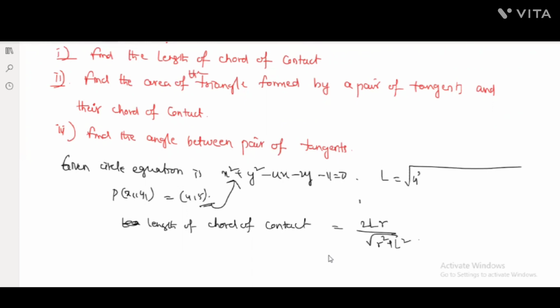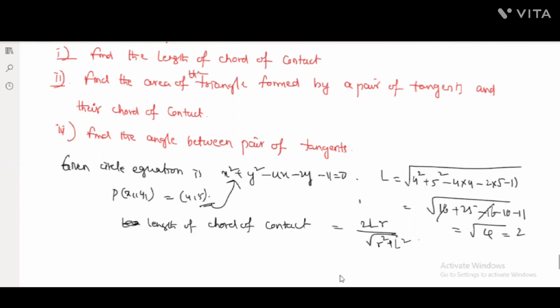That means 4 square plus 5 square minus 4 into 4 minus 2 into 5 minus 11. That is root over 16 plus 25 minus 16 minus 10 minus 11. Plus 16 minus 16 cancel. 25 minus 21 is 4, so L is 2.